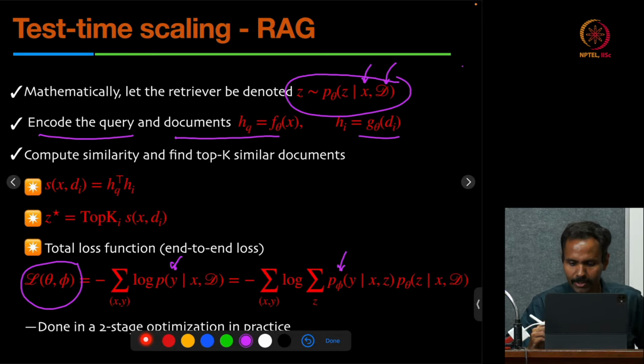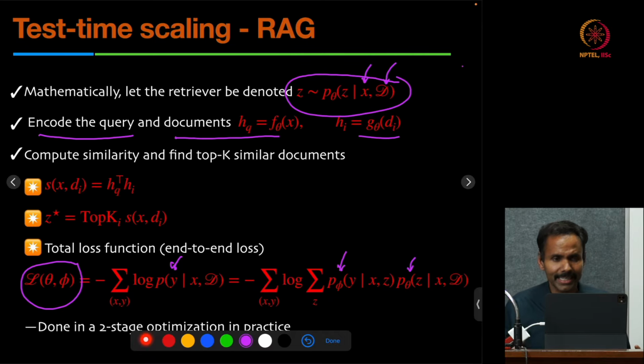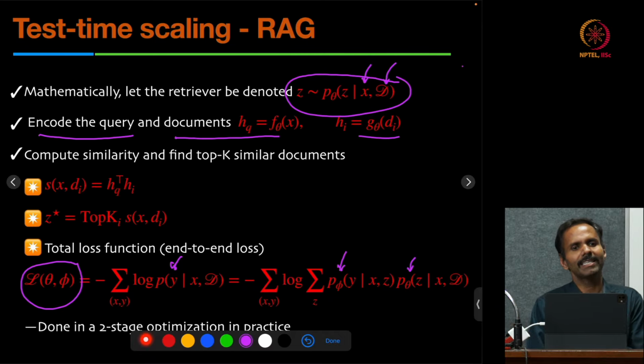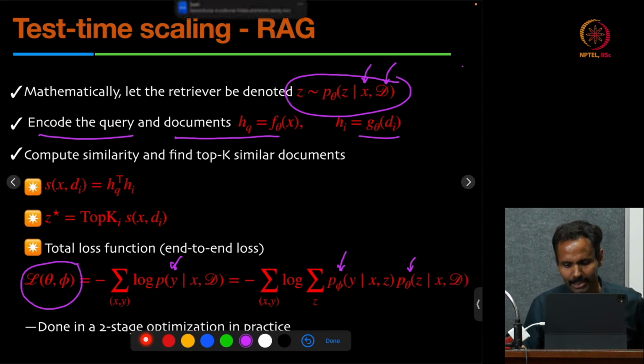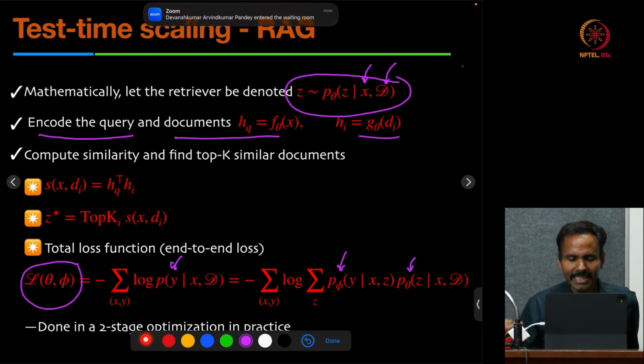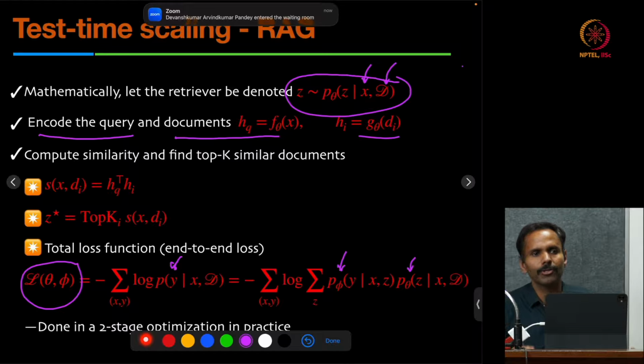You also need to provide this z from a distribution from the retriever, and you have to go through all the retrieved outputs in an ideal setting, but in a practical setting you will limit that to a top k and say that the distribution only has k support, and you zero out the rest, right? Over the support that you have, you can also assume a uniform distribution.